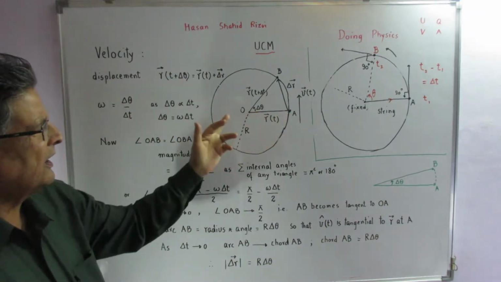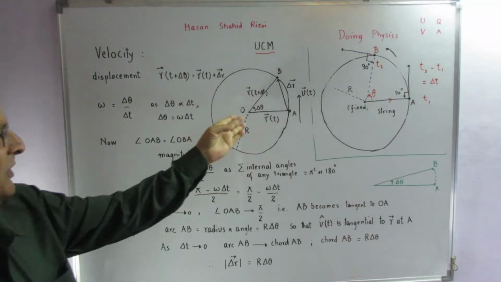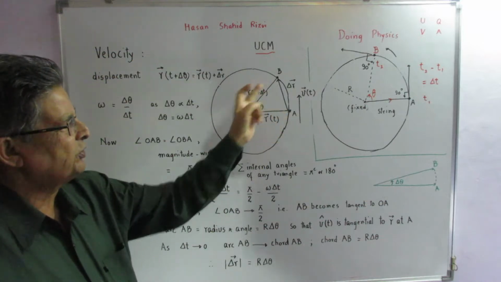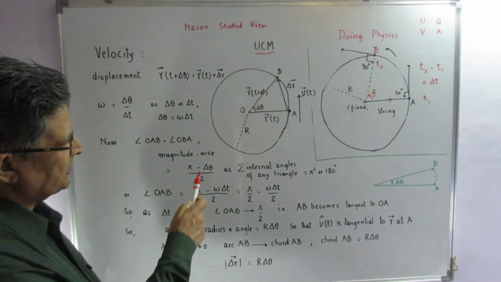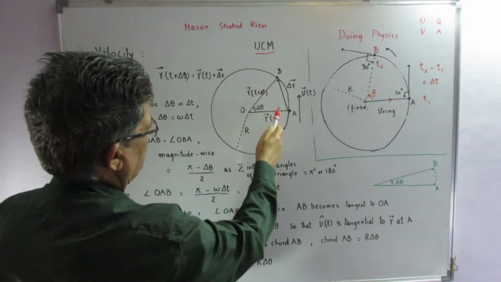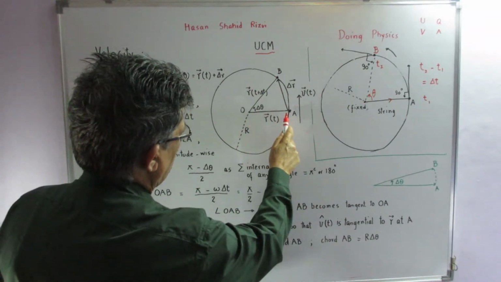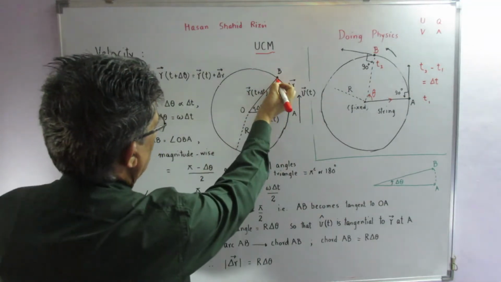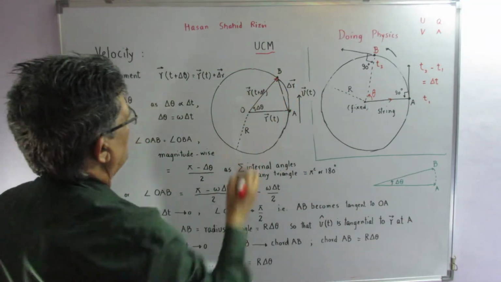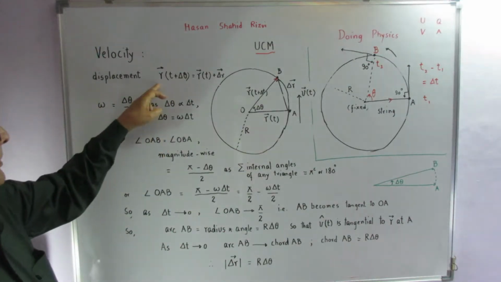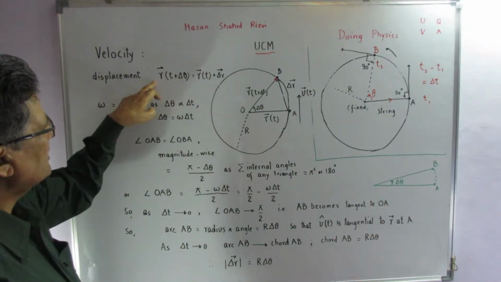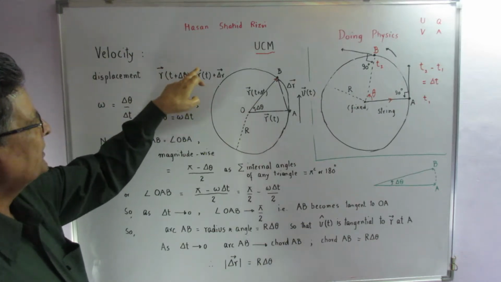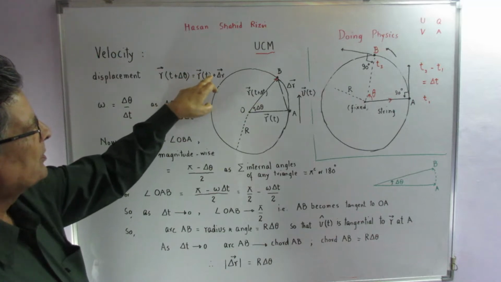It's very simple, just like what they also call the triangle law of vector addition, but I'll call it head to tail. The head to tail method, tail to head method, which shows that this vector plus this vector is equal to this vector, which I have just shown here. The displacement vector r at time t plus delta t is equal to r(t) plus delta r.